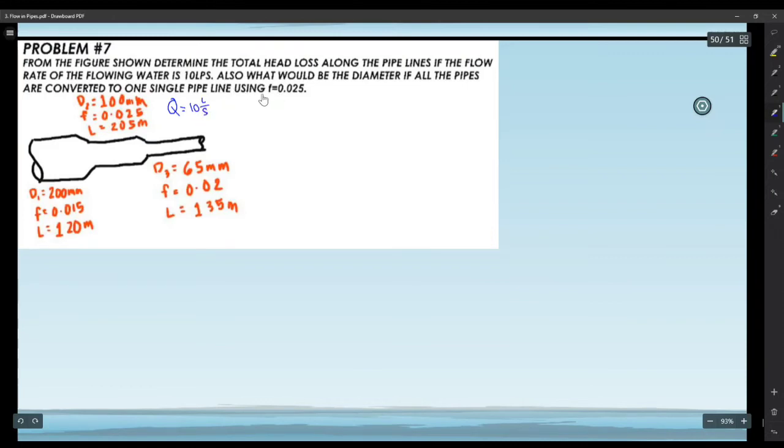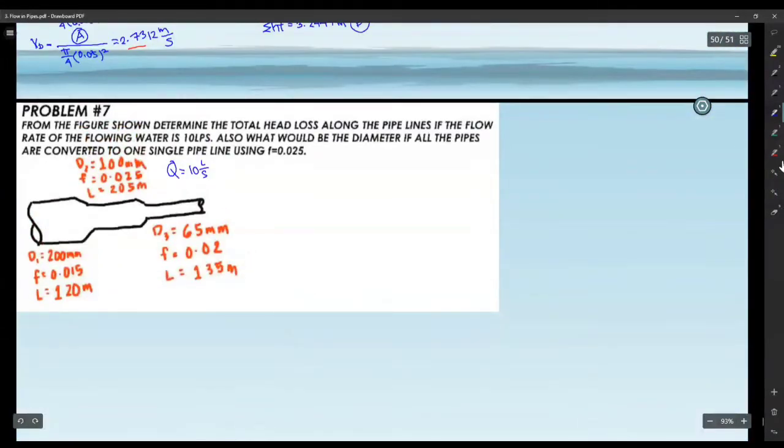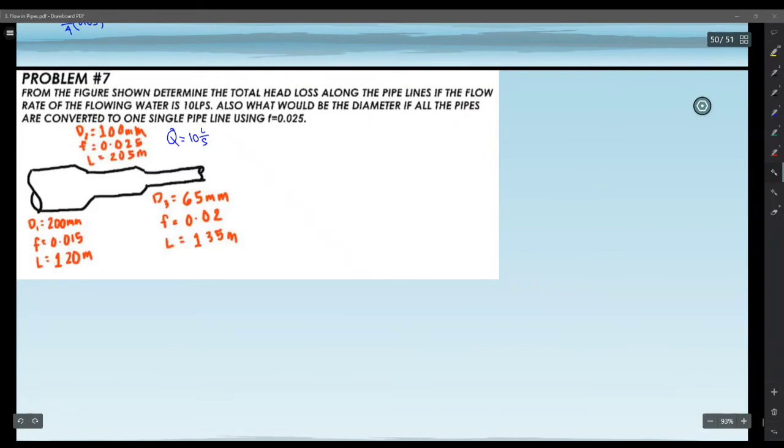Also, what would be the diameter if all the pipes are converted into one single pipeline using the friction factor of 0.025? Okay, so there's a follow-up question. So, what about when we convert this into one pipe of uniform diameter? Considering the same length, we will convert it into a single pipe with a uniform diameter. Okay, so before that, let's first solve what is asked in the first question, the total head loss.